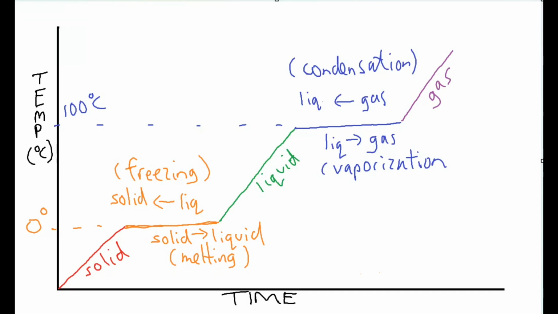Now, for those particular sections, there's some interesting things going on there. In any slanted section, our kinetic energy is going to be rising because kinetic energy is directly related to the temperature, which means the average speed of the molecules is going faster. So the kinetic energy is definitely increasing in all the slanted sections.